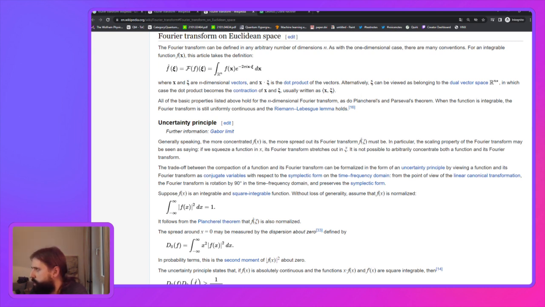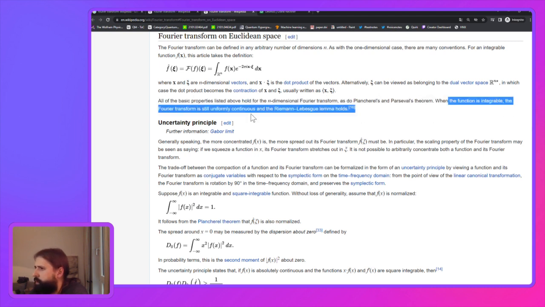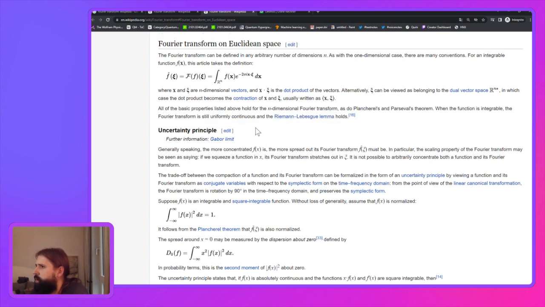Alternatively, this can be viewed as belonging to the dual vector space, whatever that is, in which case the dot product becomes the contraction of x. All of the basic properties listed above hold for the n-dimensional Fourier transform, as do Plancherel's and Riemann's theorem. If it's integrable, the Fourier transform is still uniformly continuous, and the Riemann-Lebesgue lemma holds.